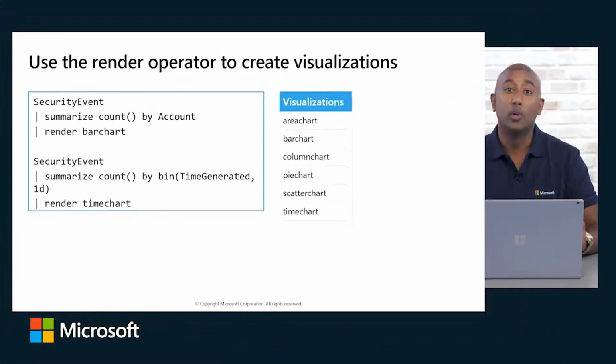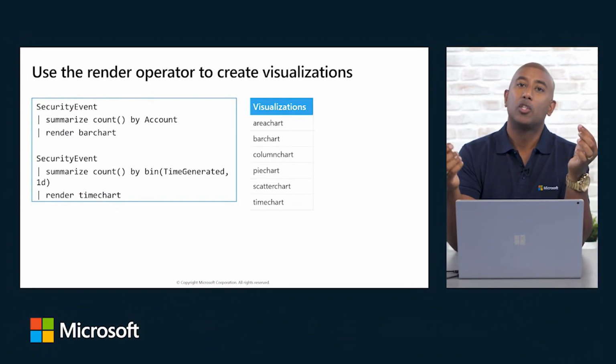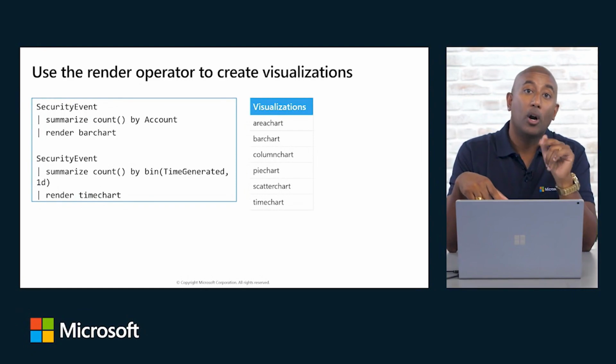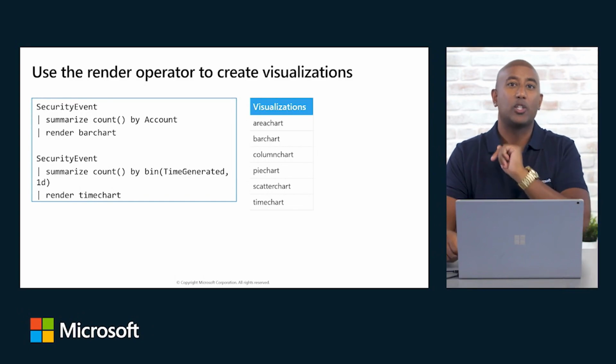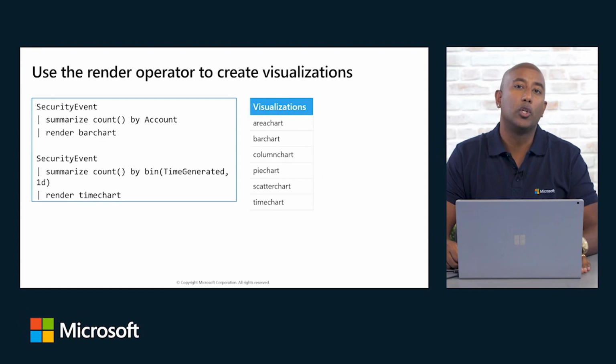And then you can use the render operator to create visualizations. The supported visualizations are area charts, bar charts, column charts, pie charts, scatter charts, and time charts. You can also use the summarize operator to create time series.